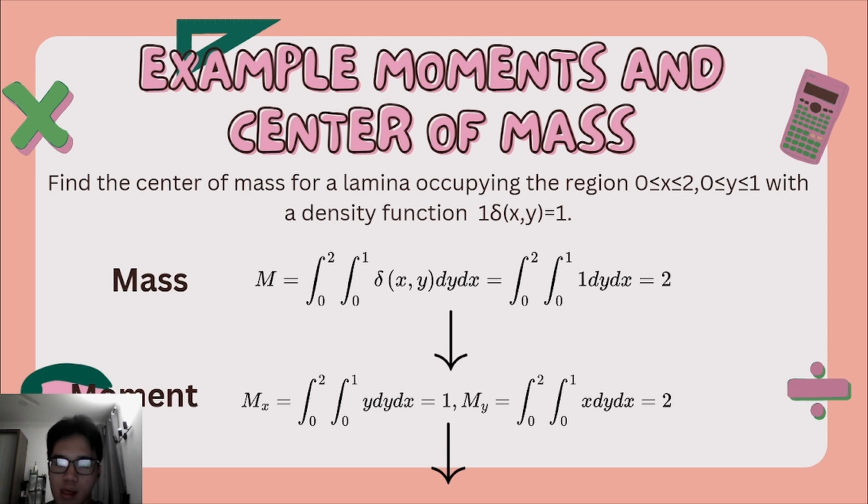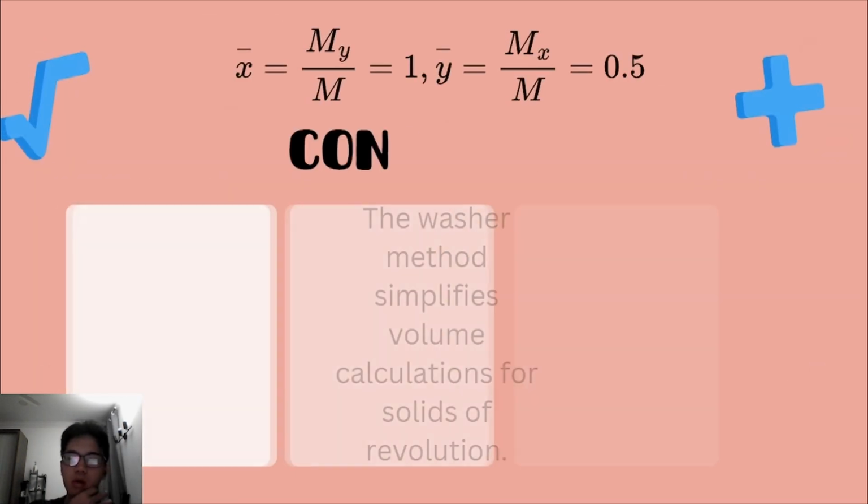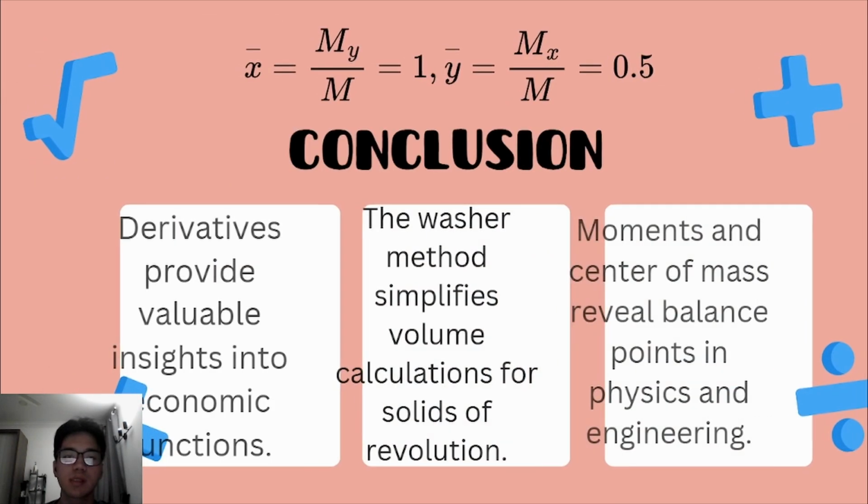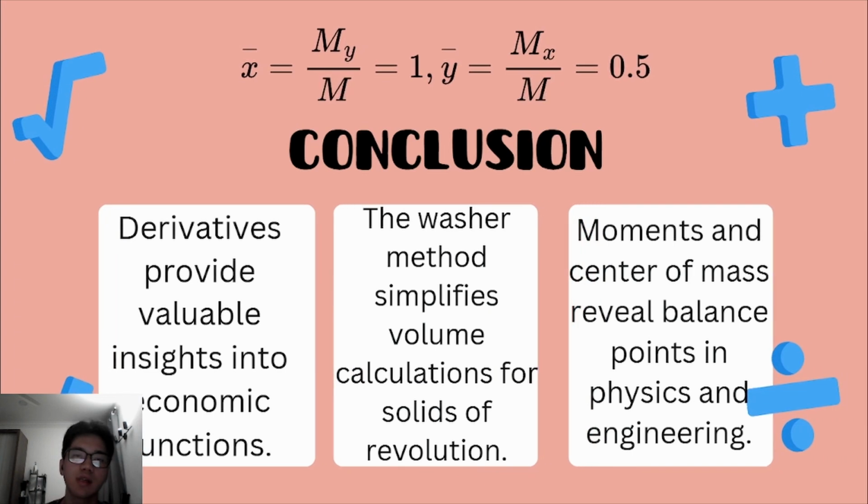And M sub y is the integral from 0 to 2 and the integral from 0 to 1 of x dy dx, which is equal to 2. The last step is x bar equals M sub y over M, which is equal to 1, and y bar equals M sub x over M, which is equal to 0.5.